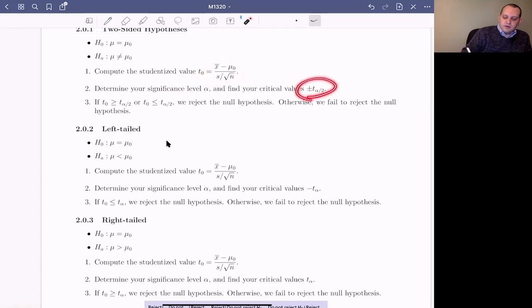You compare it to the critical values plus or minus t sub alpha over 2 if it's two-sided, or plus or minus t sub alpha, depending on whether it's one-sided, left-tailed, right-tailed. And then again, you can either do the critical value approach or you can do the p-value approach. Okay. And that's in general how these hypothesis tests are going to go. What we'll do in our next video, is go over a few examples of how to actually implement this in practice.